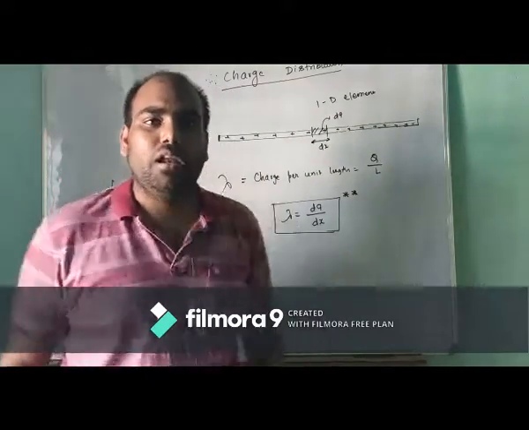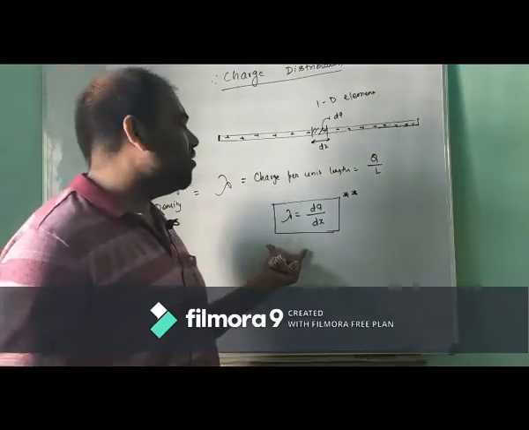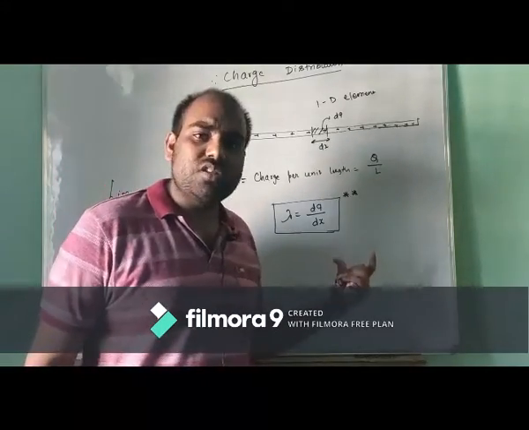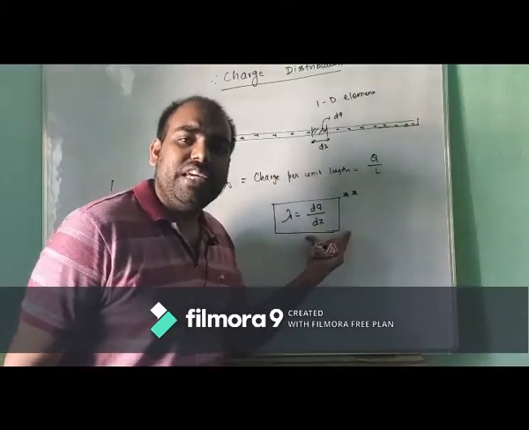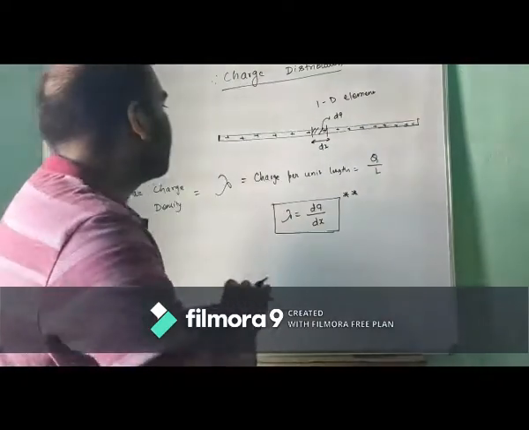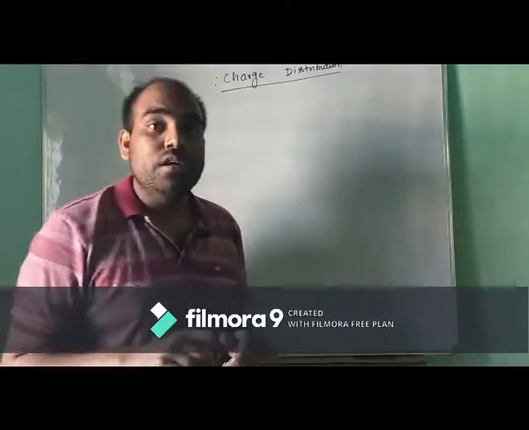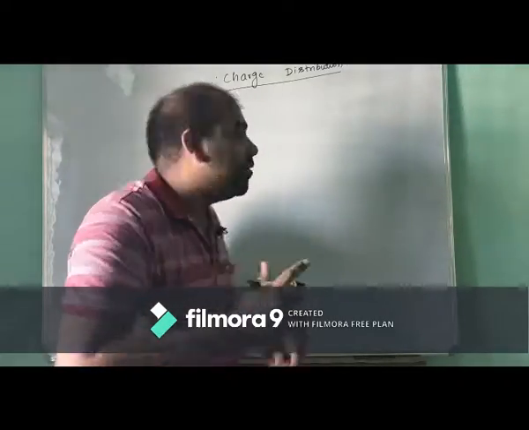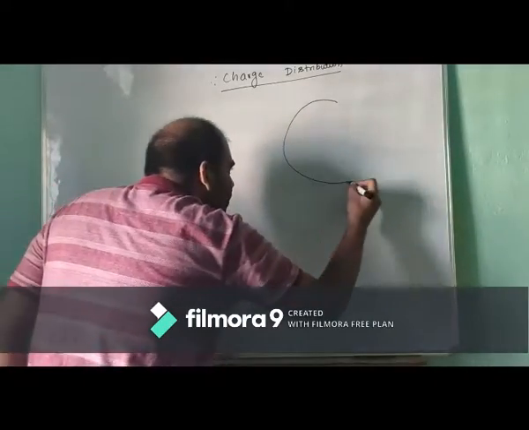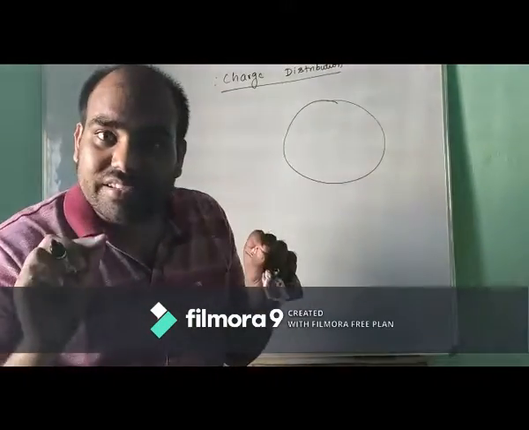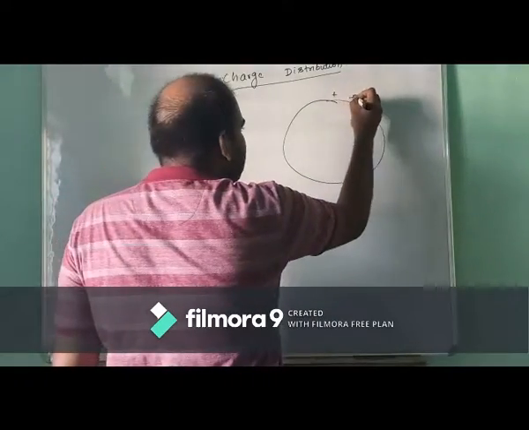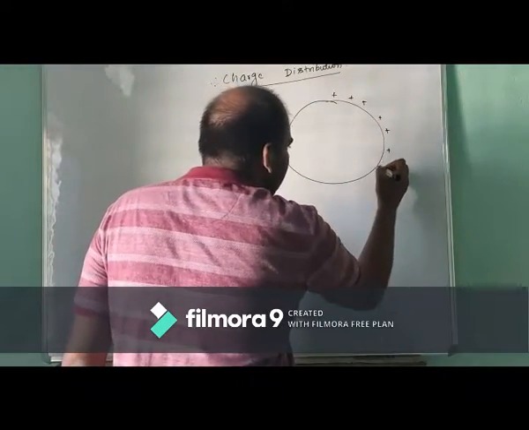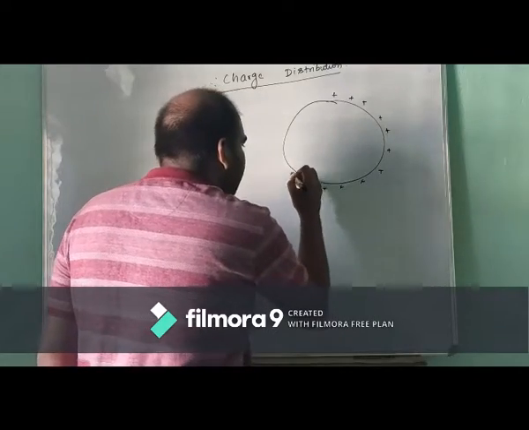Now take an example from which we will try to understand the linear charge distribution, when we say Q by L and when we say dq by dx. Suppose there is a ring. A ring is again a one-dimensional element. I am giving this ring some charge, and I am assuming the charge is uniformly distributed over the ring.